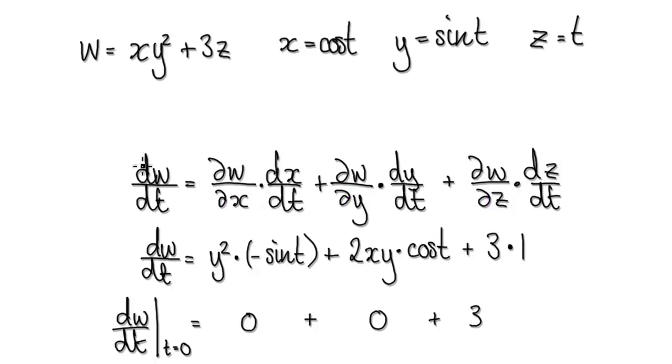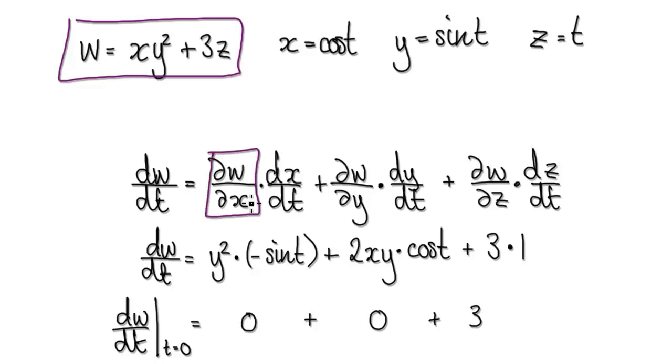So to compute dw by dt, we've got to take the partial derivative of w with respect to x. So let's look at this. To compute this thing here, we need to differentiate it with respect to x. So x is our variable, everything else will be constant. So y will be a constant, z will be a constant.